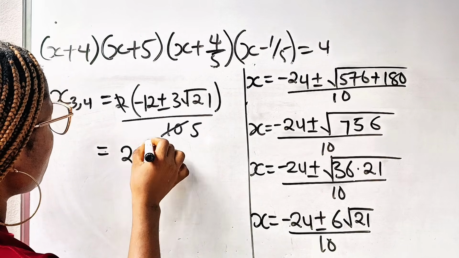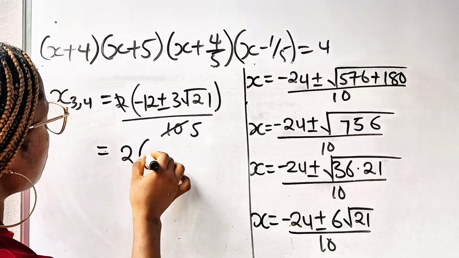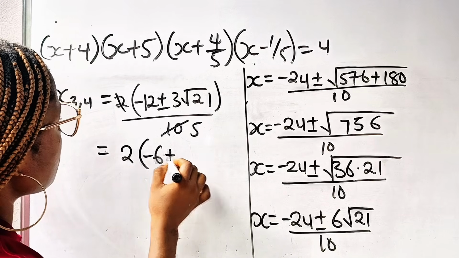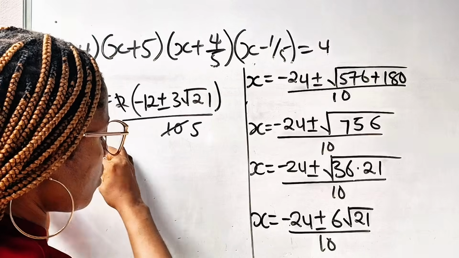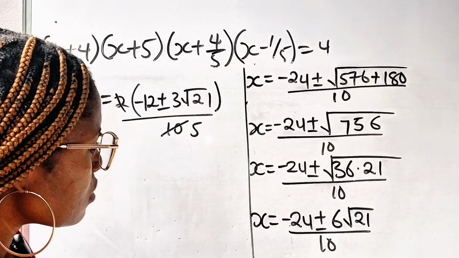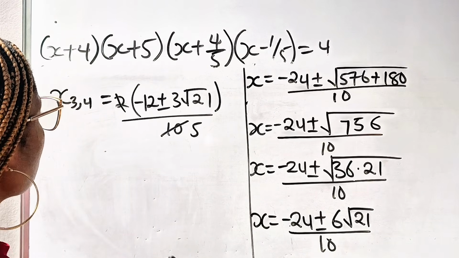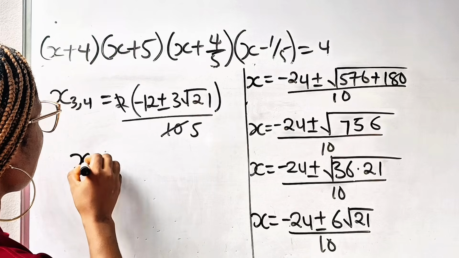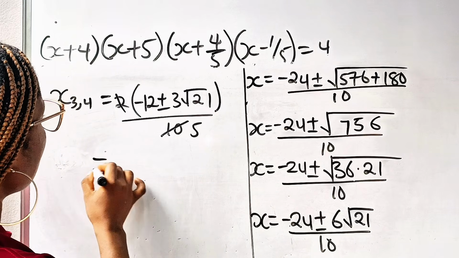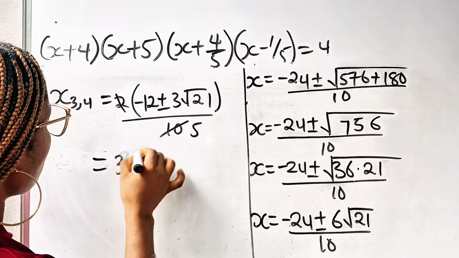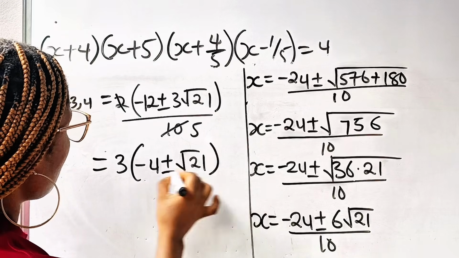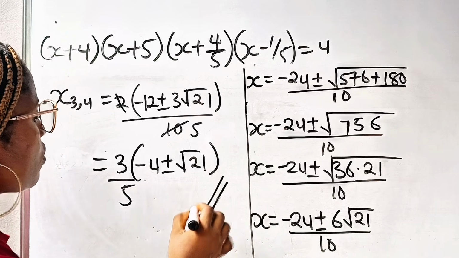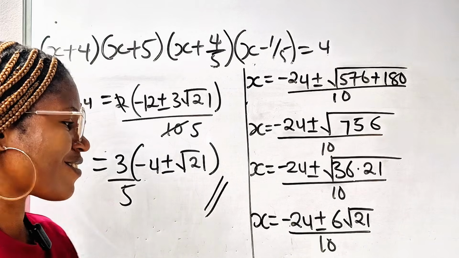So we have 2 brackets minus 12 divided by 2 is minus 6 plus or minus, what did I do? There won't be any other 2, right? Yeah, no 2 again. So what we actually have is 3. Yeah, so 3 we go into this to give us 3 brackets minus 4 plus or minus root 21 divided by 5. So this becomes the third and the fourth value of our x.